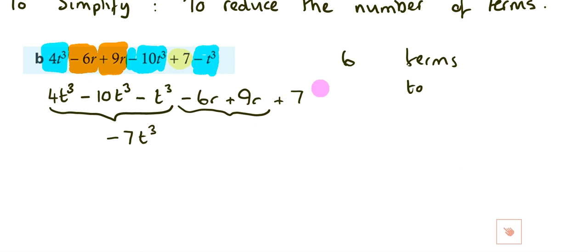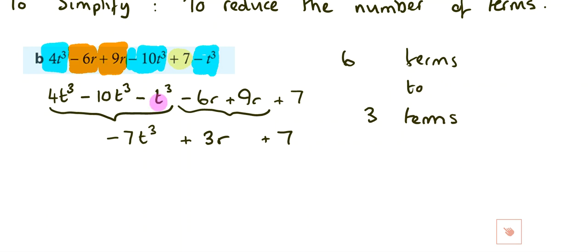So negative 6 plus 9 is positive or negative? Positive. So I'm going to do positive 3r and then just plus 7. Okay. I have gone from 6 terms to 3 terms.